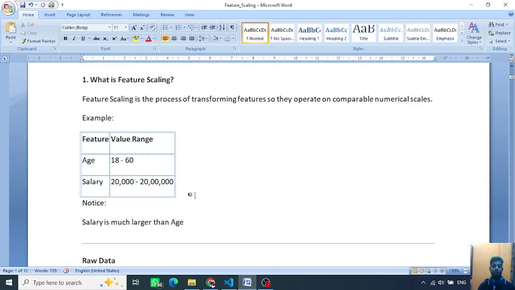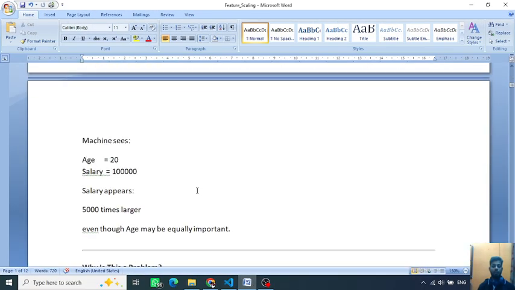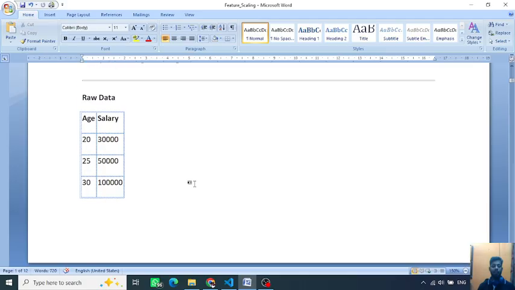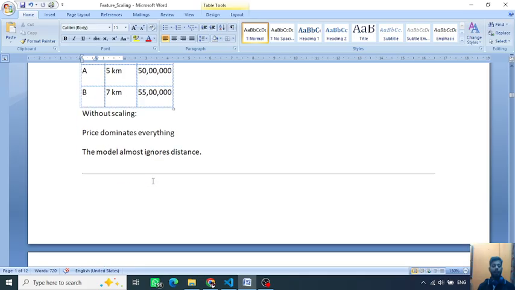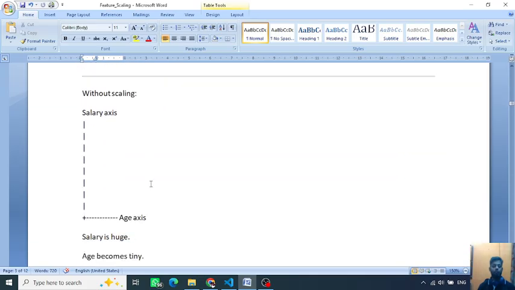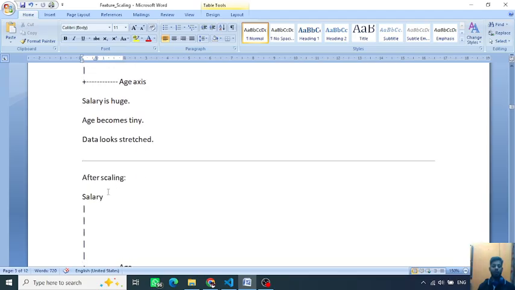For example, let me show you. This is a sample data set. This is age, salary, you can see it. Let me show you how the geometry looks. Suppose we are not scaling. You can see the age axis is very small, but the salary axis is very high, right?